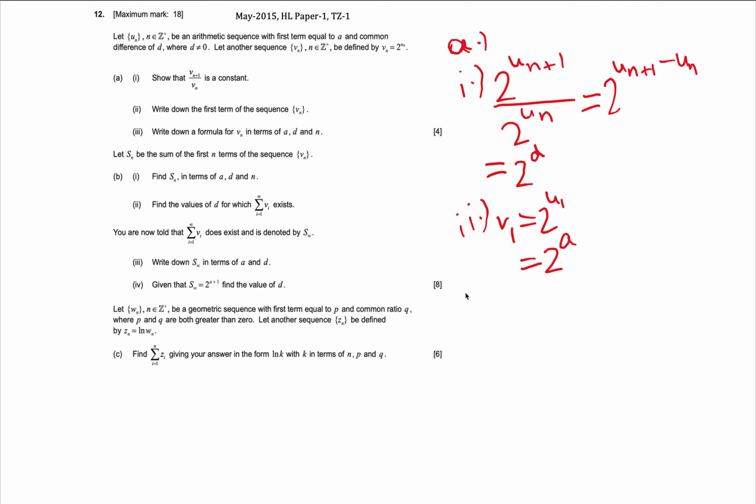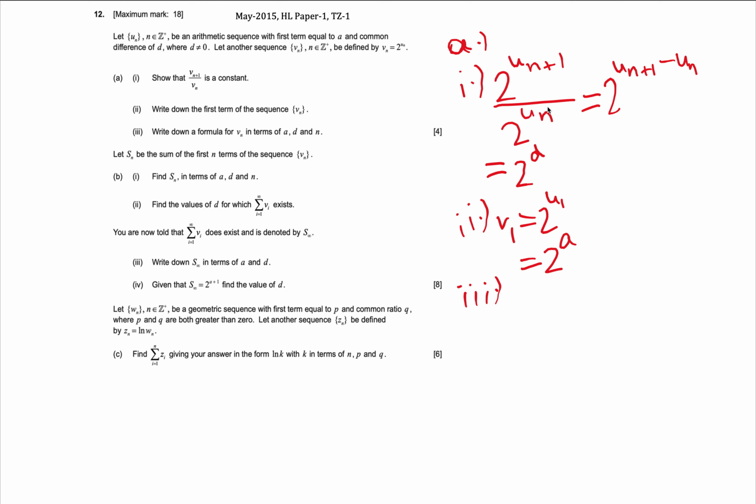Now the third part says write down a formula for vn in terms of a, d and n. So hopefully we have realized by now that vn is a geometric sequence, because what we showed in part a is basically we divided two consecutive terms of the sequence vn, and we showed that this is constant. If the ratio of two consecutive terms is constant, that means it is a geometric sequence.